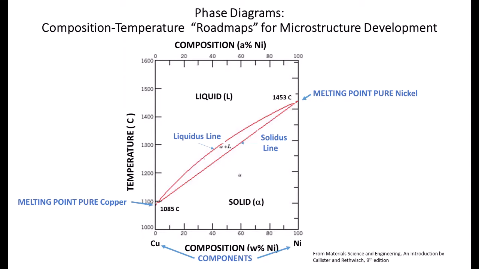This is the type of phase diagram referred to again as an isomorphous phase diagram. There exists only a single solid phase marked alpha in this diagram across the entire composition space between the two pure elements.